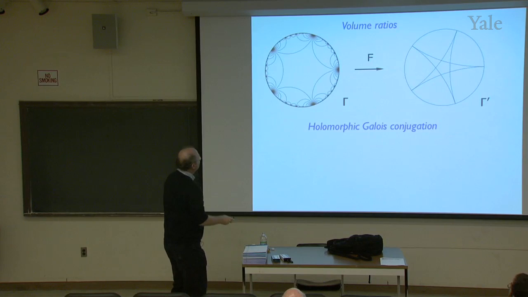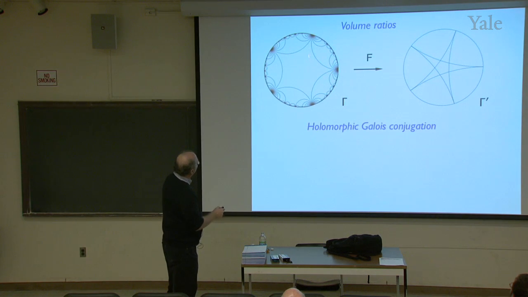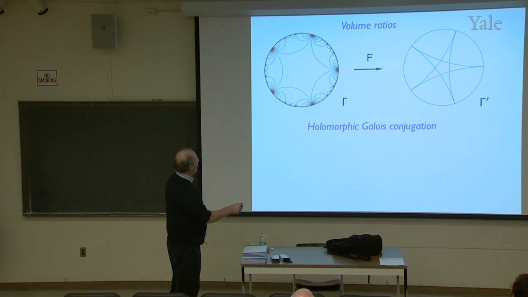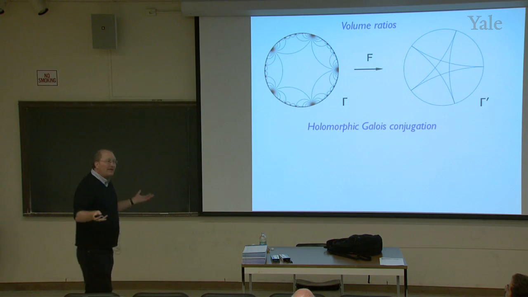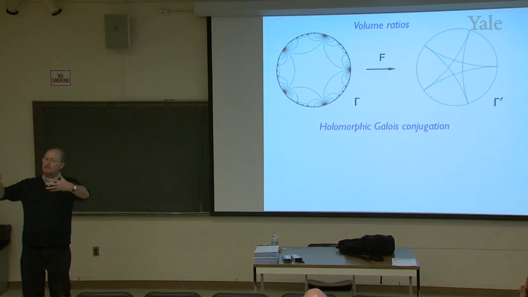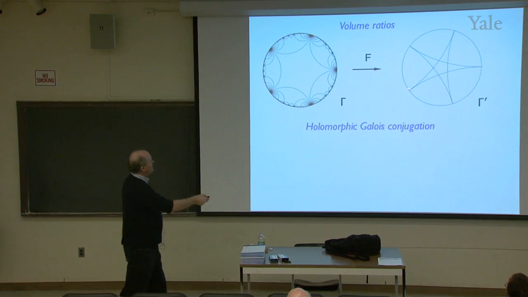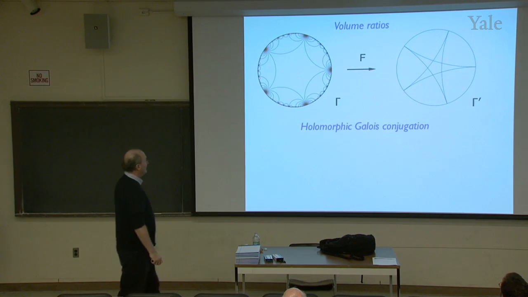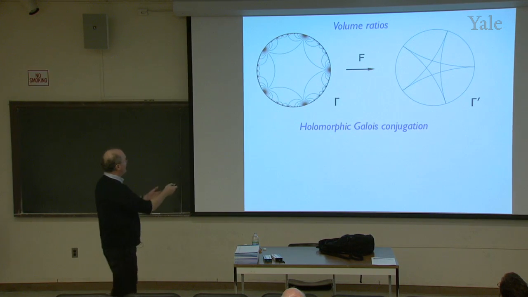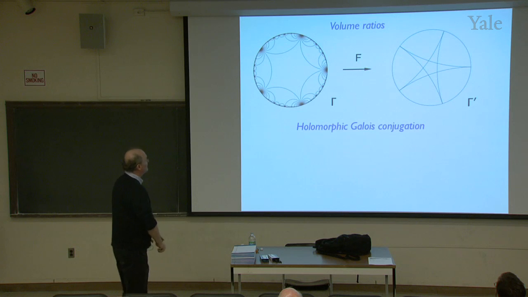And this map is simply obtained by using a mild generalization of the Riemann mapping theorem that gives you a conformal map from this pentagon to this star. The map has a critical point at the origin. It's branched over the origin here. Once you have that map, you can just develop it by Schwarz reflection to get a map defined on the whole disk here, whose image intertwines the action of gamma with this indiscrete group gamma prime on the other side.